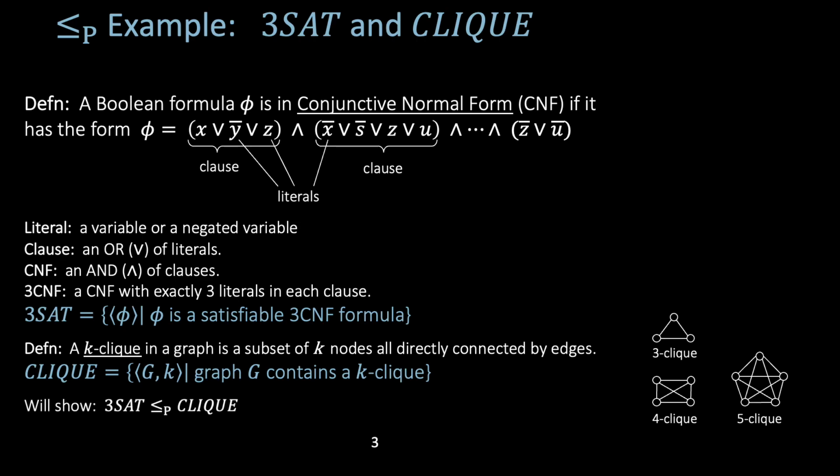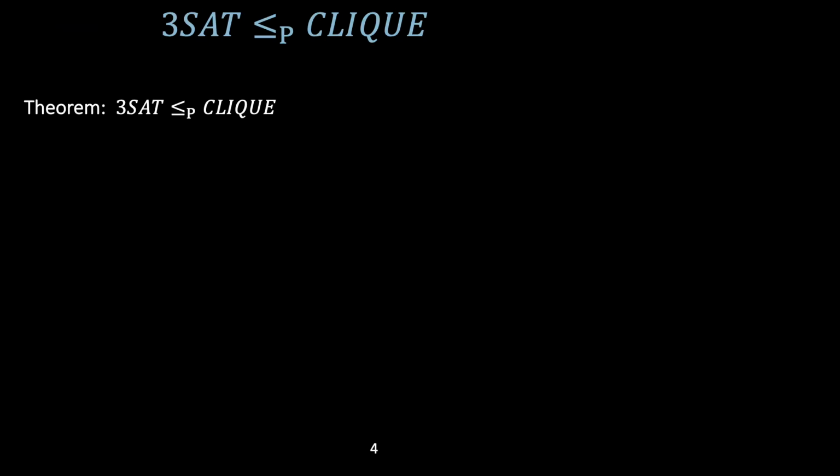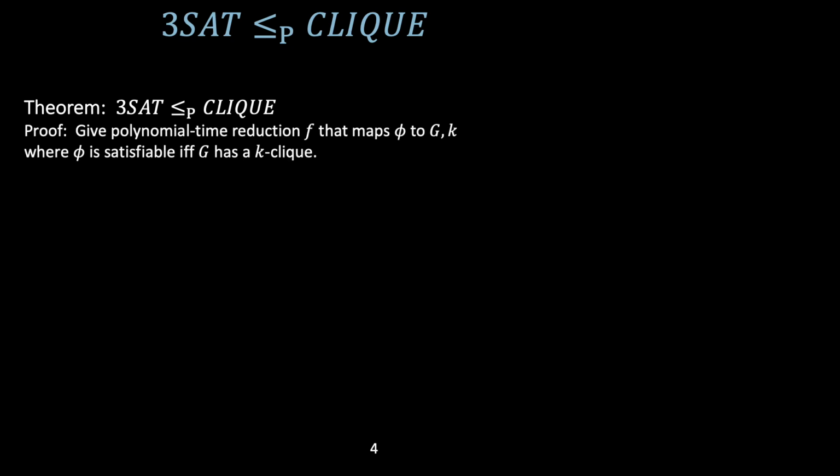We are going to show that 3SAT reduces in polytime to clique. Proof. Give a polynomial time reduction f that maps phi to (G, k), where phi is satisfiable if and only if G has a k-clique.